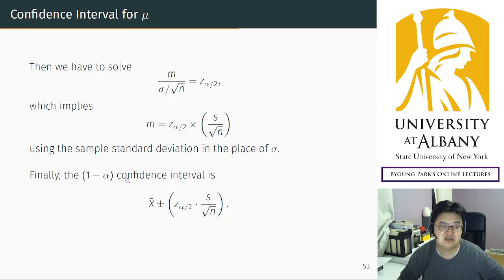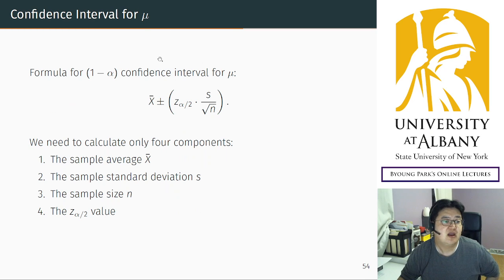The confidence interval is calculated this way for the population mean. You need only four components, each of them is easy to calculate, and we learned how to calculate them, and then just assemble them in this way. That's it.